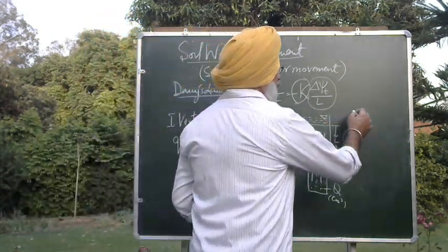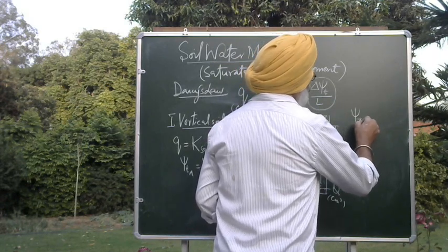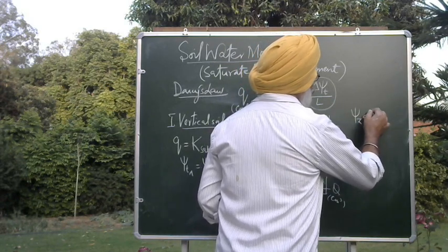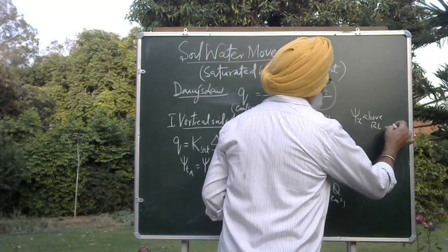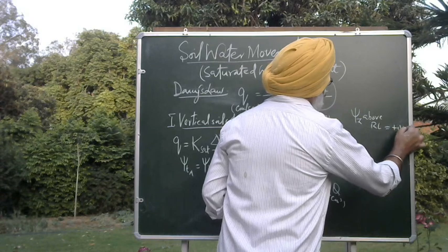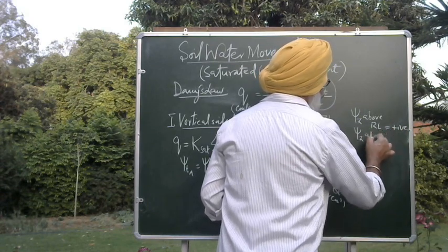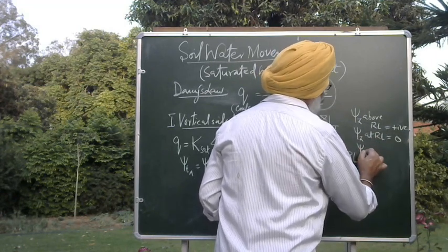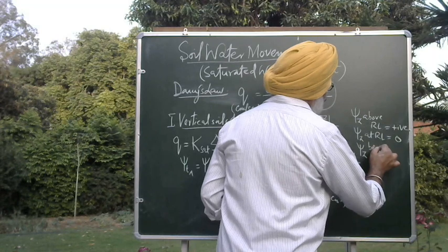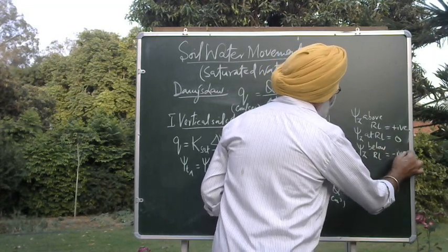If your point in question is above the reference level, then this will be positive. If it is at the reference level, then this will be 0. And if it is below the reference level, then it will be negative.